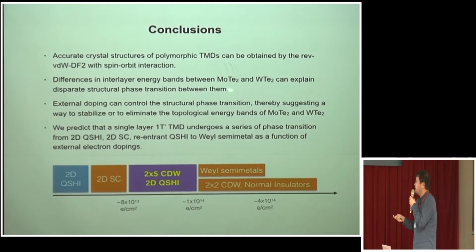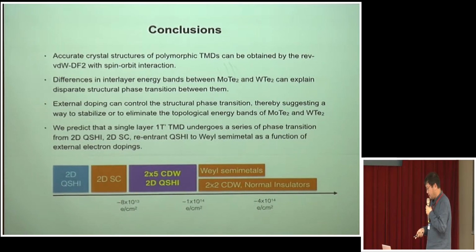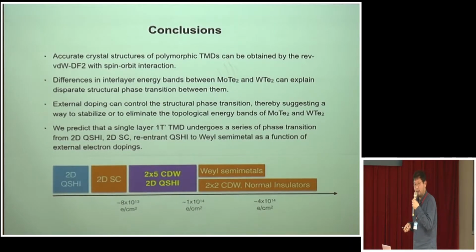Then the well-known and already very old experiments on the structural phase transition differences between molybdenum and tungsten ditelluride can be explained. And using that, we can control the structure by doping. Simultaneously, it means you can control the topological semimetallic phase by doping, by changing the structure.